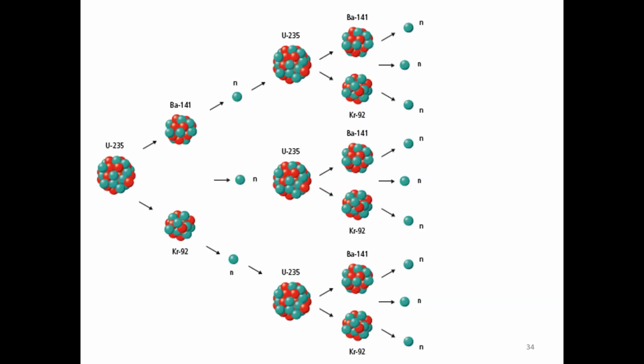In this picture, we have the chain of the fission reaction, and here we have uranium. This splits into barium and krypton plus 3 neutrons. In nuclear power plants, they have billions of uranium nuclei.